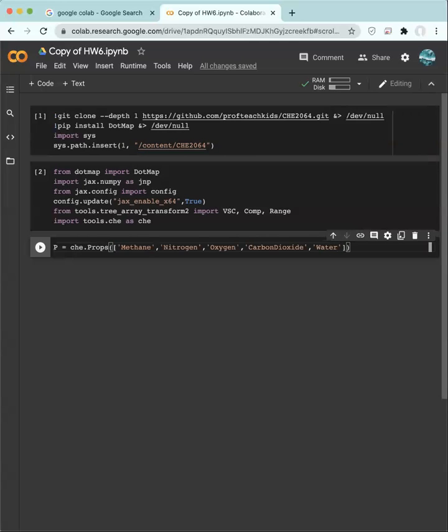So this will allow us to get the information about these substances.